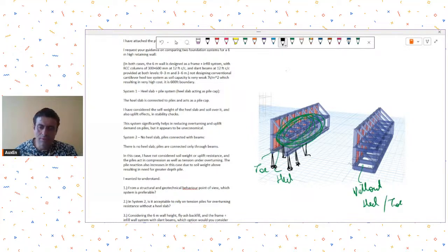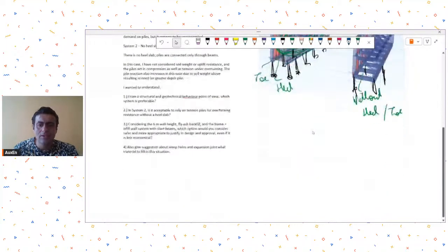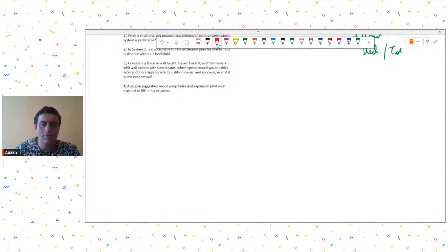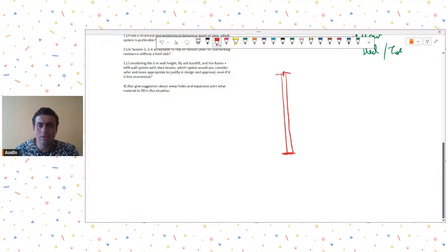This was a similar question to the one we were discussing in the earlier Ask AuxEn Anything episode. Just last week we were discussing this. So in these two systems, he has provided piles. If I were to show you, the plan view will look like this. This is my retaining wall in plan, and in one of these systems he has provided a heel and toe.